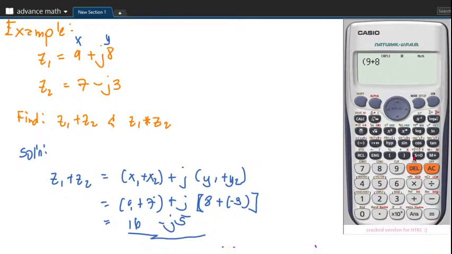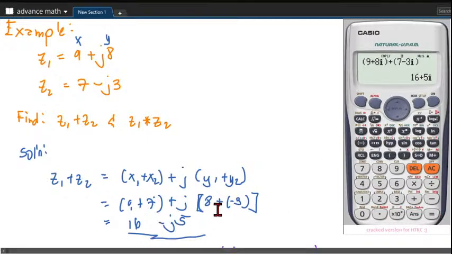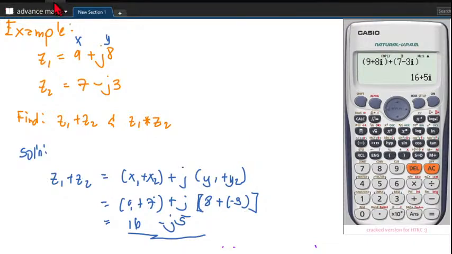Of course, in our calculator there will be no j because the calculator uses i, so we have i, then plus 7 minus 3i, and our answer will be equal to 16 plus, okay, this is plus, so we made a mistake on our sign here because 8 minus 3 is not negative 5 but plus 5, so we just correct that one.